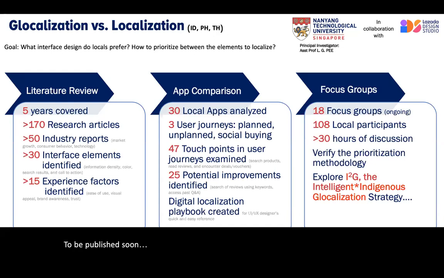They have gone through about 170 research articles and industry reports about market growth, consumer behavior, and technology. And they have identified more than 30 interface elements, like information density, color, search results, and call to action, to name a few.